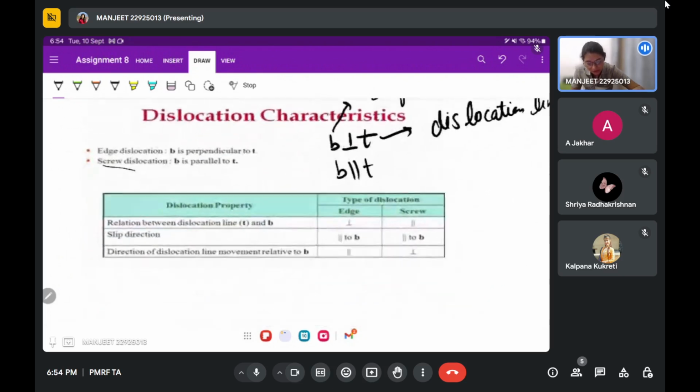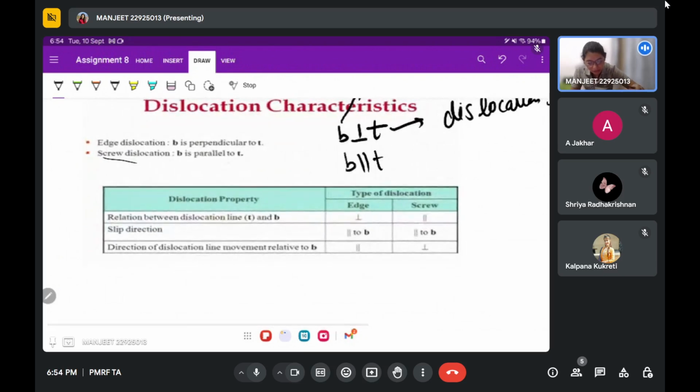So what will be the slip direction? For the edge one, this is parallel to B, and in the screw one it is also parallel to B, but the direction of the dislocation line movement relative to B will be parallel in the edge one and perpendicular in the screw one.